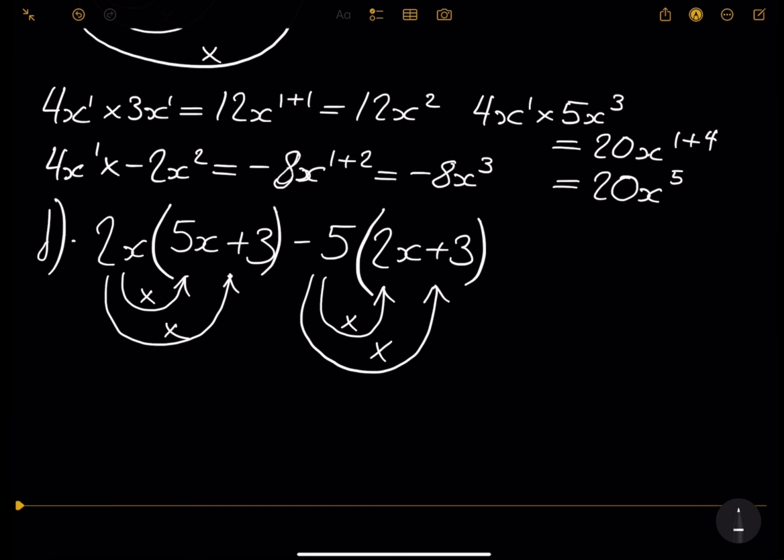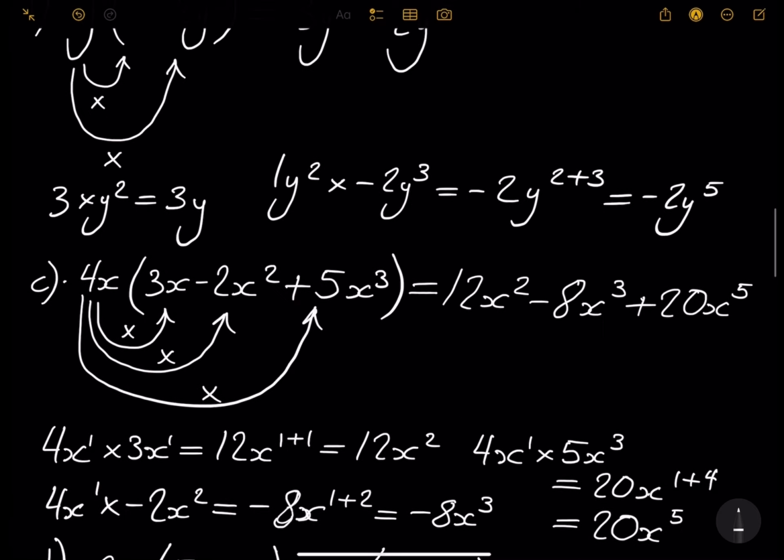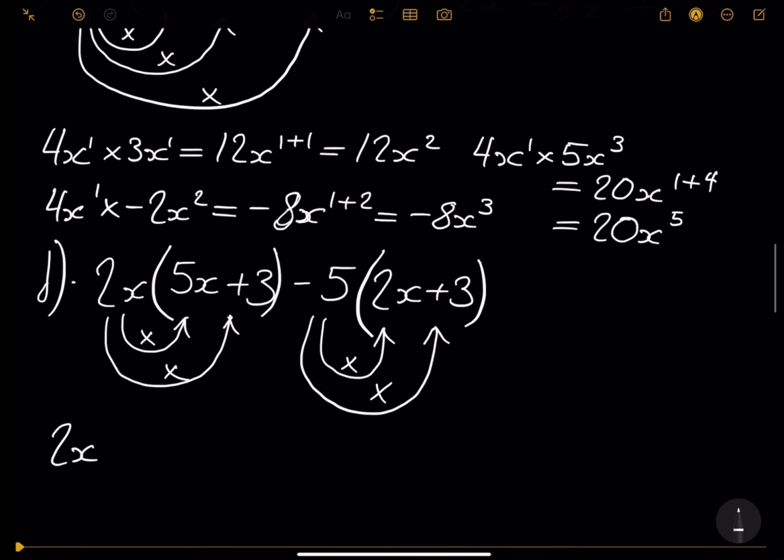So let's start with the one on the left first. This involves the use of index laws. Like with these first 4 examples or so, these examples mainly use the addition index law.